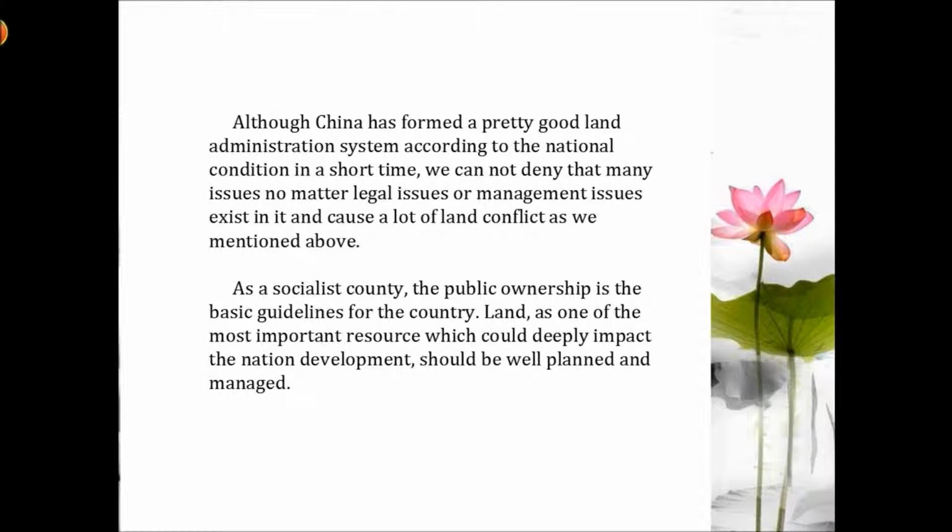Some urban residents complain that the state pays more attention to protecting the rural residents, because only the rural residents have the collection land use rights.